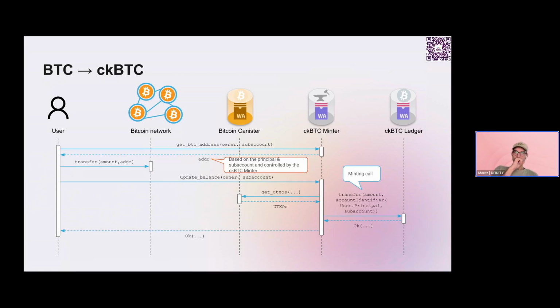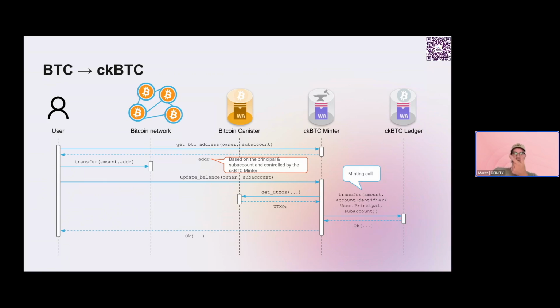We provide an owner and a subaccount, which is basically a principal and a subaccount, like an identity. For every pair of owner and subaccount, the ckBTC minter gives us a different address on the Bitcoin network. Those addresses are unique, based on the principal and the subaccount, and are controlled by the ckBTC minter.